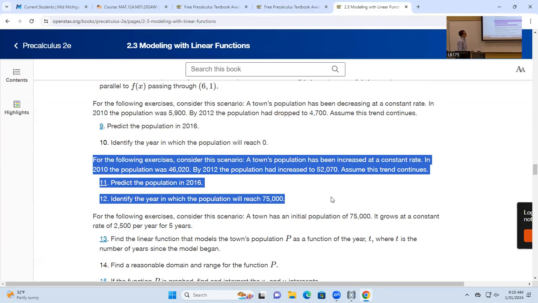A town's population has been increasing at a constant rate. In 2010, the population was 46,020. By 2012, the population had increased to 52,070. So we're assuming constant growth rate, constant increase.